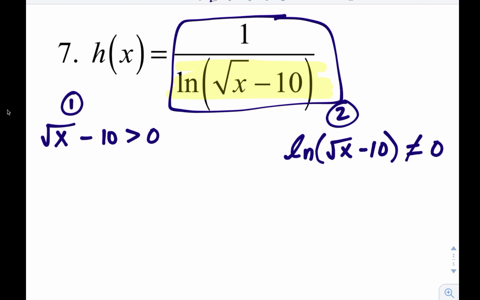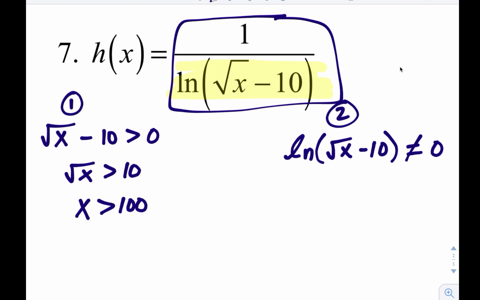So I'm going to add the 10 over, and then I'm going to square both sides. So that's going to make sure that x has to be greater than 100. So any number less than 100 is not going to work, because it's going to give me a negative number inside of the square root of x minus 10.